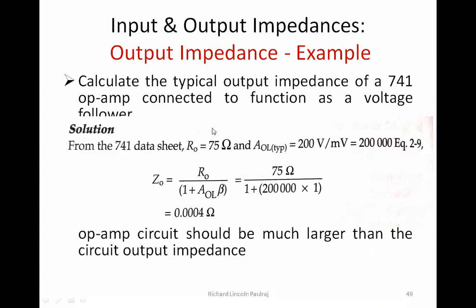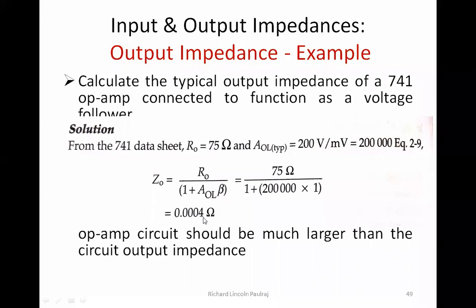Now if we again get back to the properties of op-amp, what about the output impedance? Zero, sir. Yeah, zero output impedance. So we can see with the help of this problem that 0.004 is almost negligible, as good as zero.